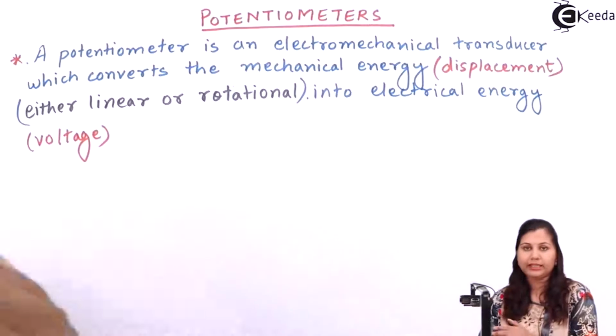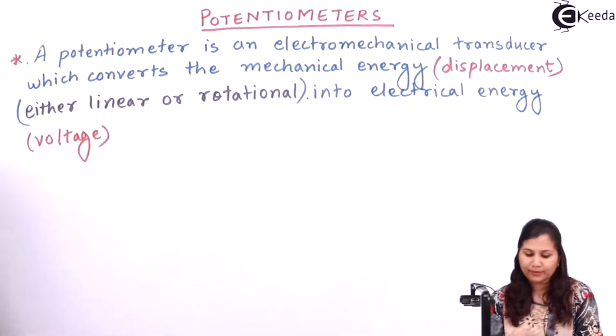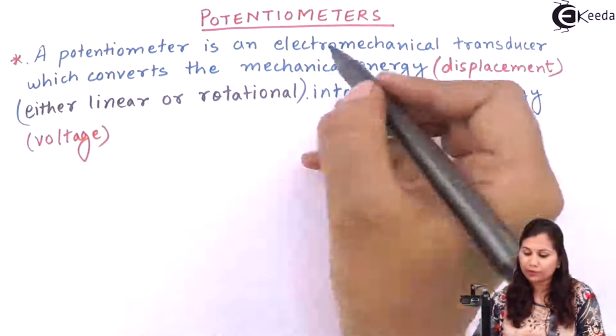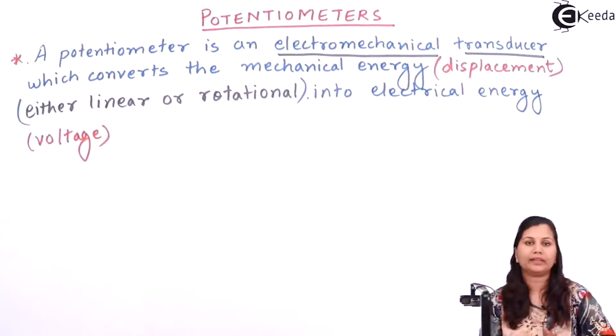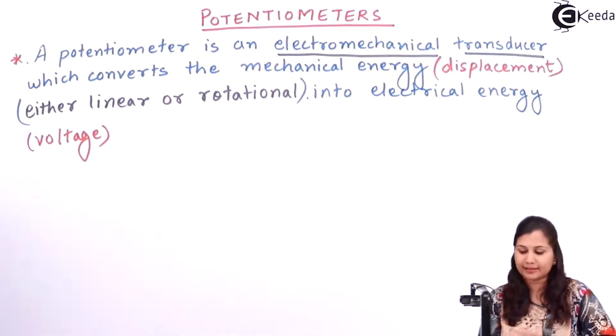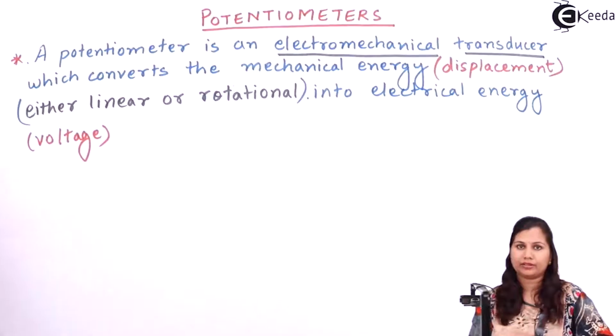So it is converting a physical quantity into an electrical quantity. That is why it is known as an electromechanical transducer, because it is dealing with electrical and mechanical signals, and also it is converting a physical quantity into an electrical quantity.